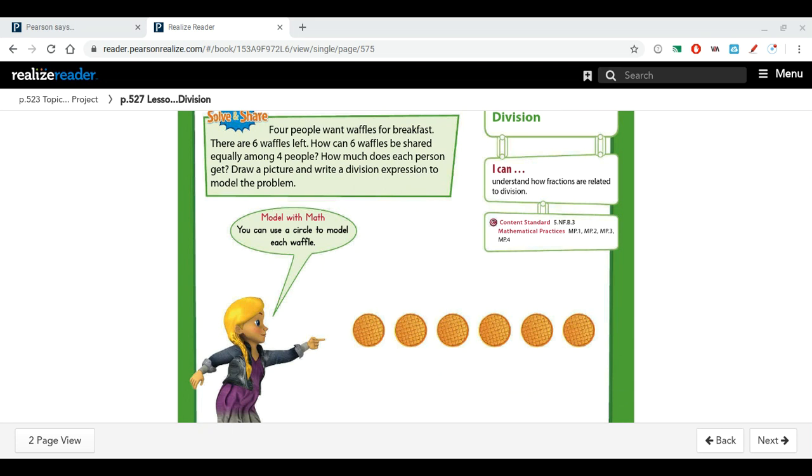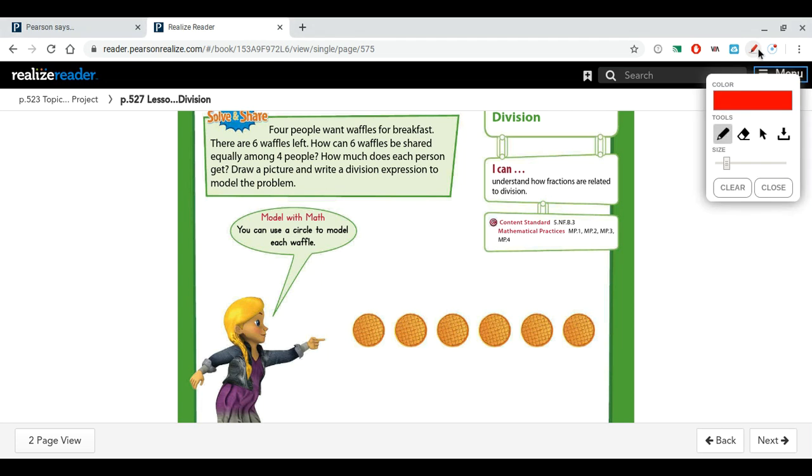And so when we take a look here, I have 6 waffles, and I want them to be shared equally among 4 people. I could divide each waffle into fourths, as equally as I can, because that first one wasn't very equal.